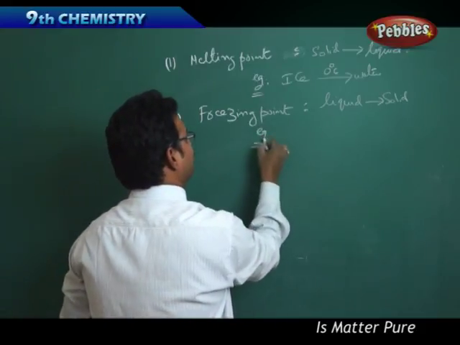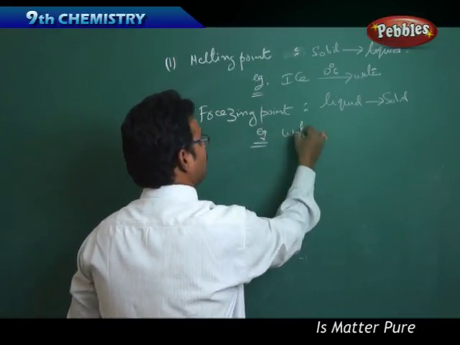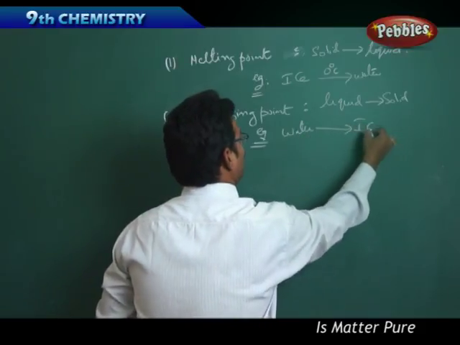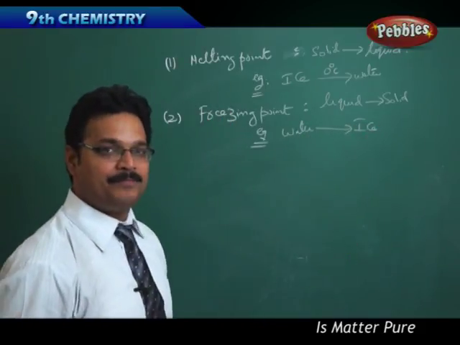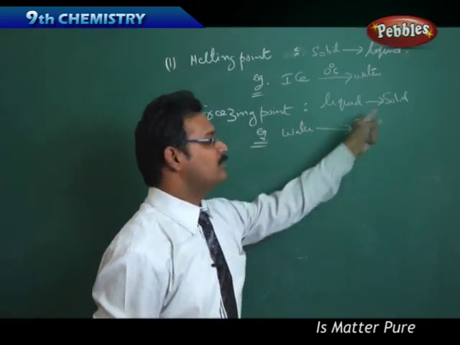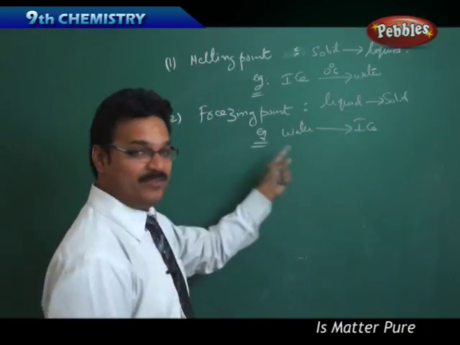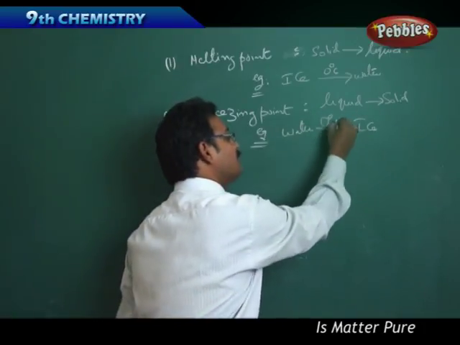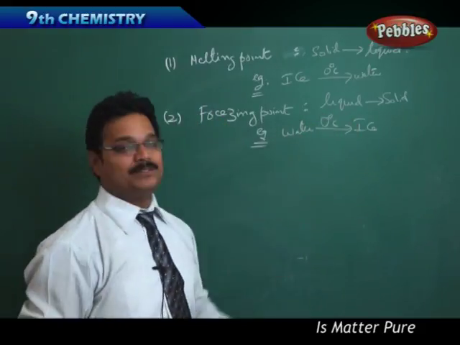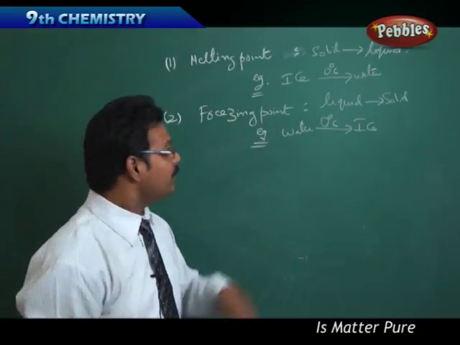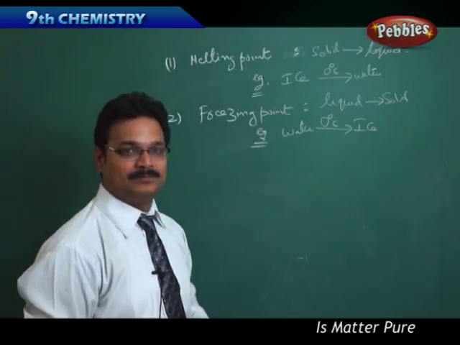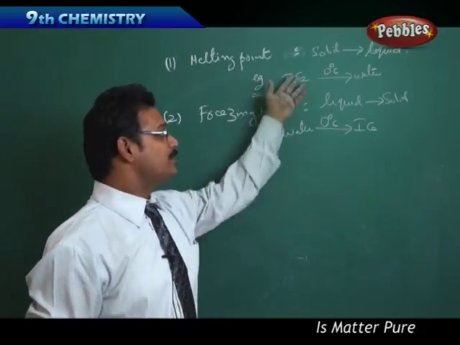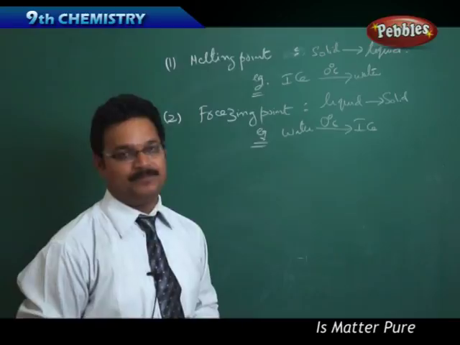Take an example. Now I have water and I want to convert water into ice. Water is the liquid state, ice is the solid state, and that freezing point is also 0 degrees Celsius for water and ice. So the melting point of ice or the freezing point of water, both are the same, 0 degrees Celsius.